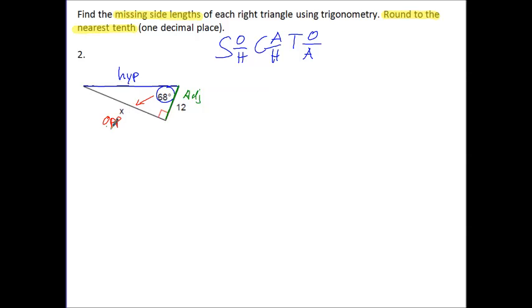In other words, we're supposed to look for the opposite, and we have the adjacent. That means we don't have the hypotenuse, and therefore we cannot use the sine or the cosine. We have to use the tangent. Then let's set up our equation. The tangent of 68 degrees is equal to the opposite, in other words x, over the adjacent, which is 12.